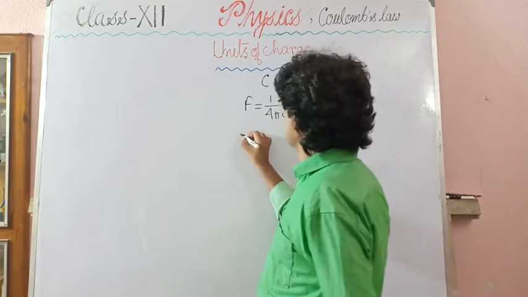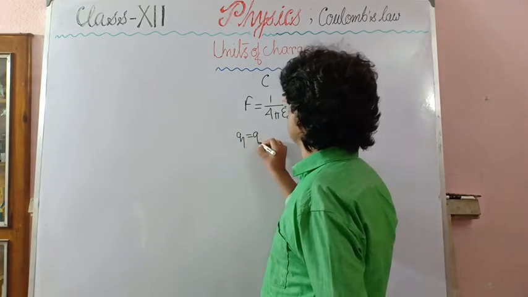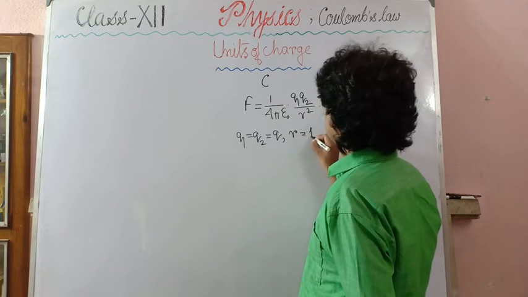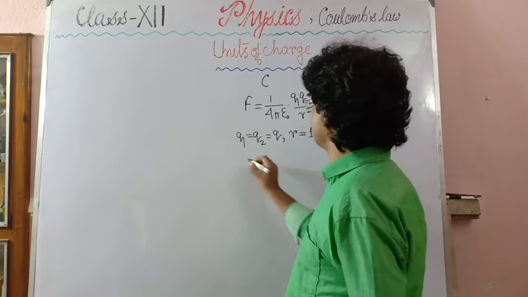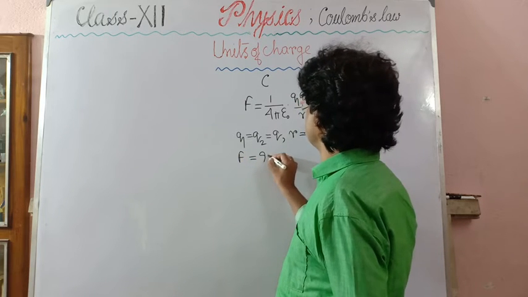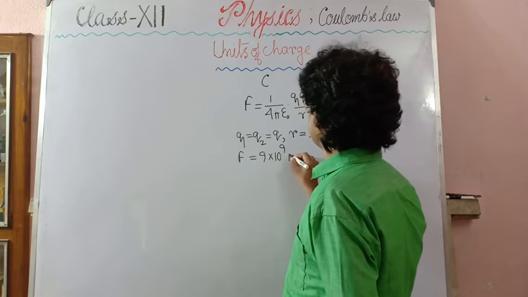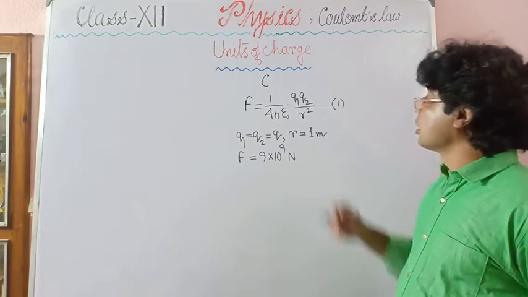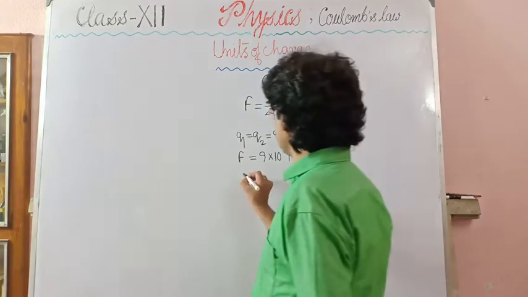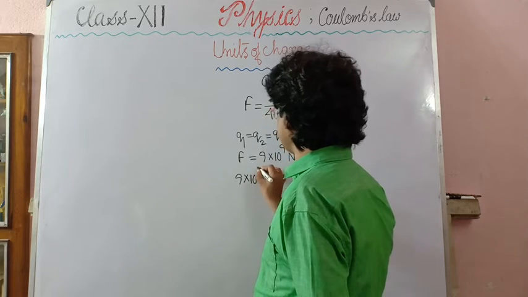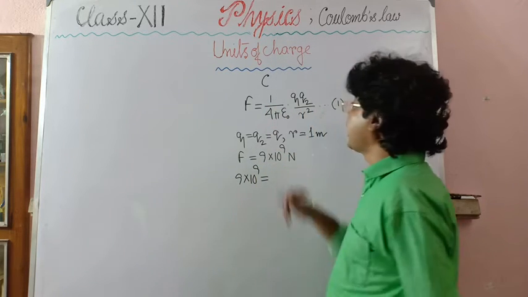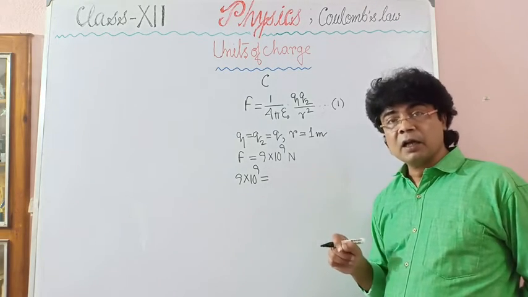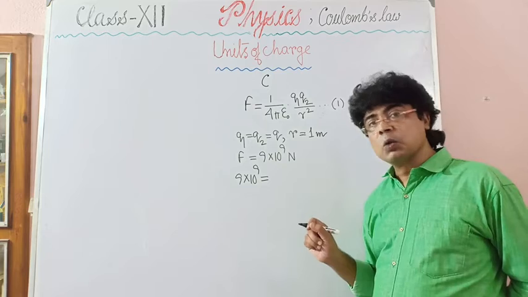Let Q1 equals Q2 equals Q, R equals 1 meter, F equals 9 into 10 to the power 9 Newton. Now, from equation 1, we know the value of 1 by 4 pi epsilon 0 equals 9 into 10 to the power 9 Newton meter square per Coulomb square.